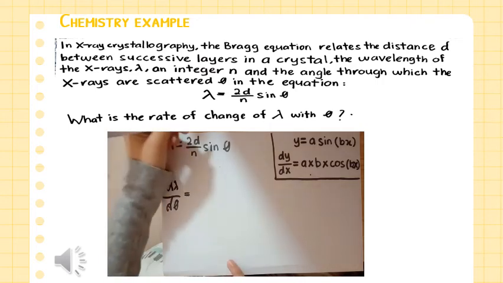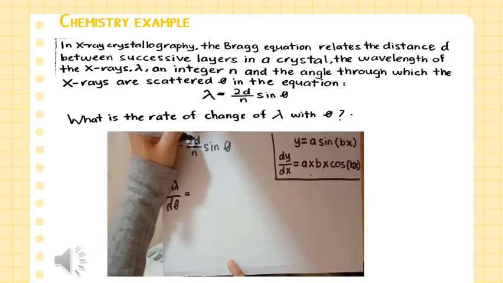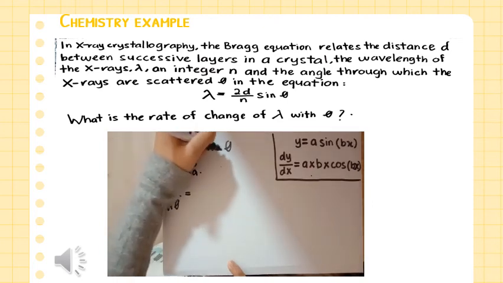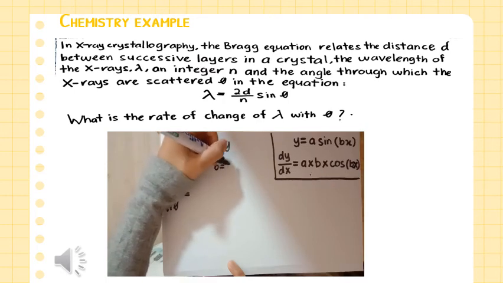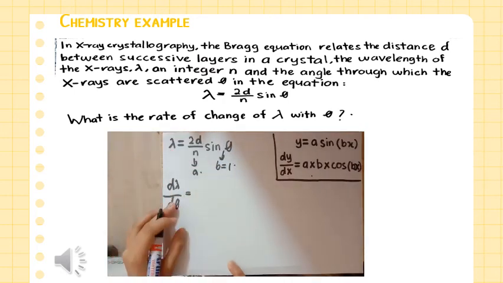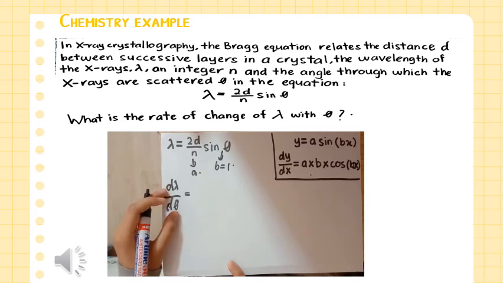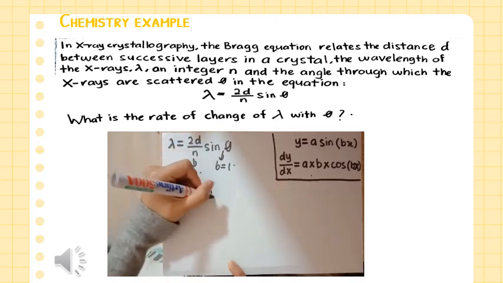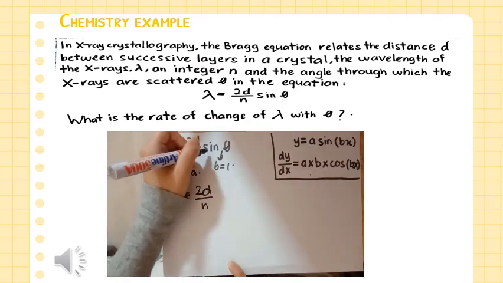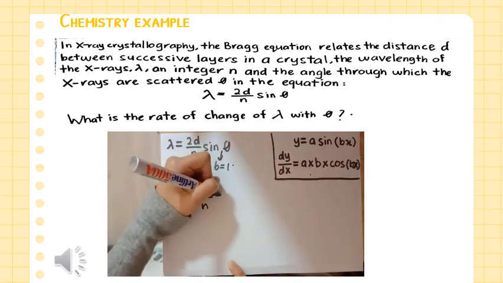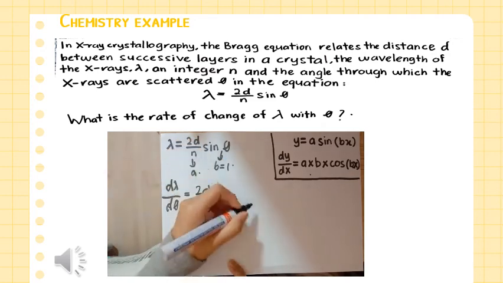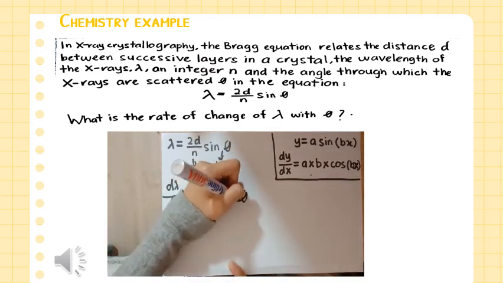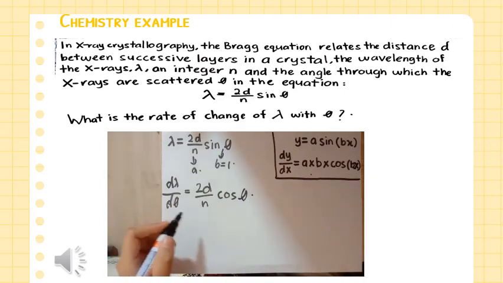So here, 2d over n is a, and here we have b equal to 1. So d lambda over d theta is 2d over n. The derivative of sin is cos. So cos theta as x. So cos theta. So the answer is here.